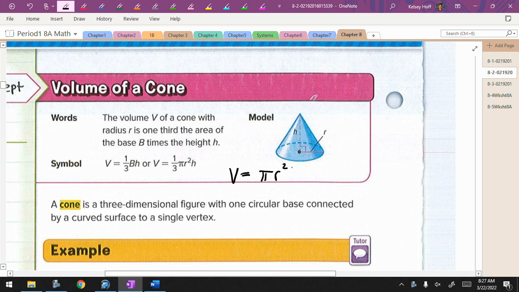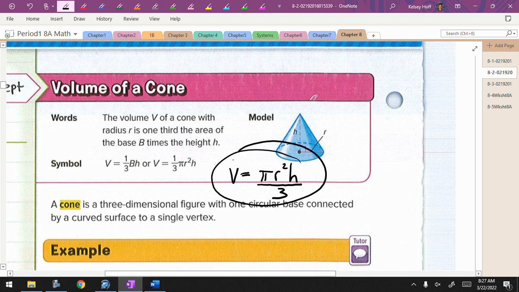Pi r squared height. Today, the only thing that you have to do different is put a big divided by 3. Pi radius squared height, just like we did yesterday, all divided by 3. So today, before you circle your answer, you're just going to make sure that you divide it by 3.